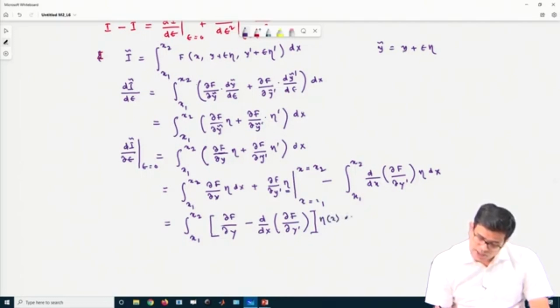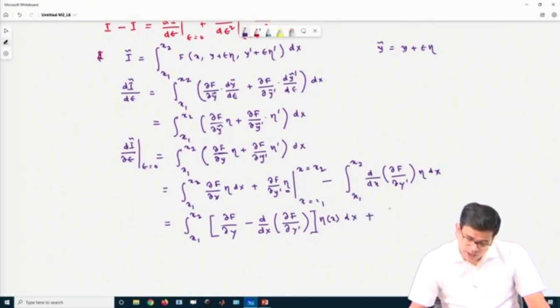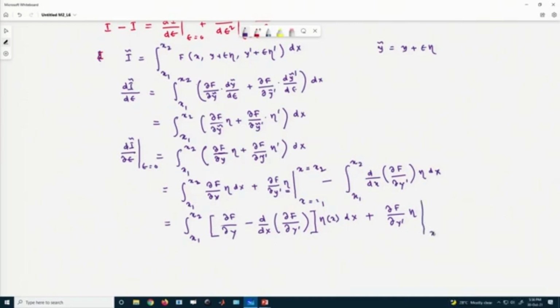I am writing eta as a function of x here, and then there is the boundary term that is due to the integration by parts.